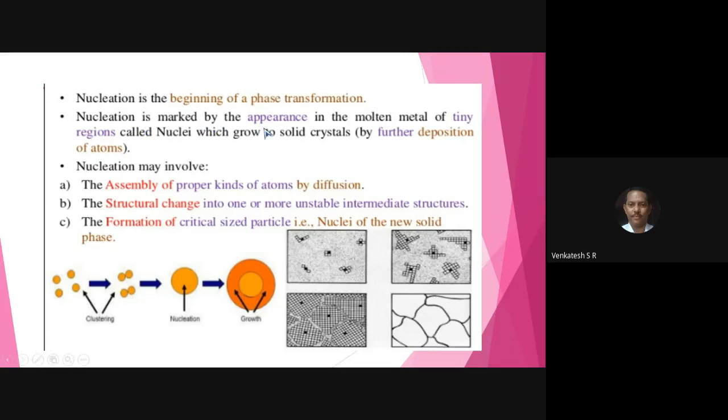Nucleation is marked by the appearance in the molten metal of tiny regions called nuclei, which grow in size to form solid crystals.